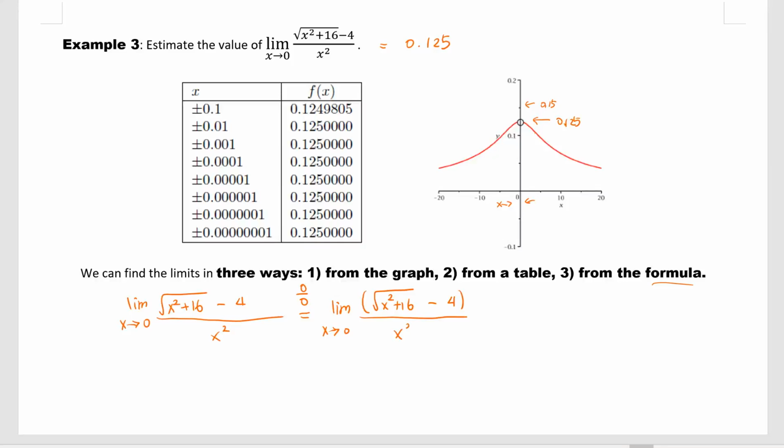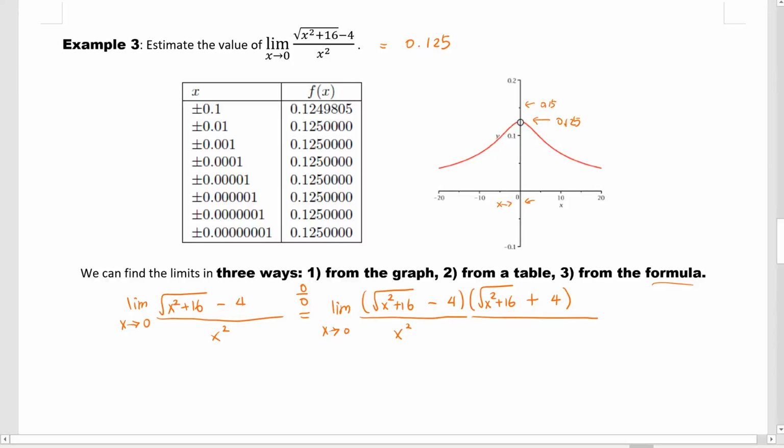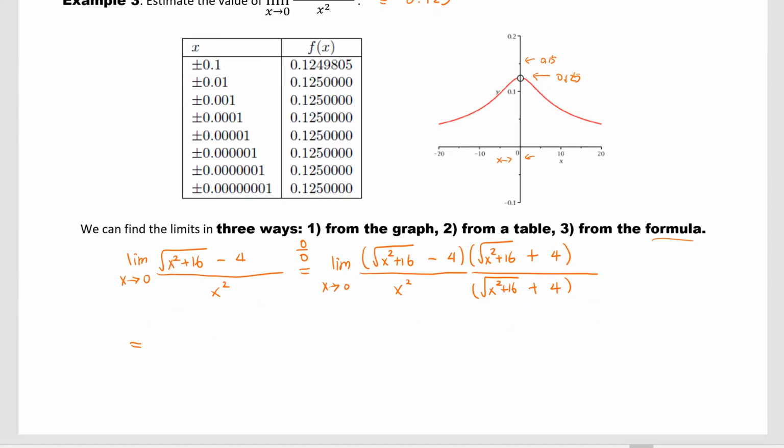So what is the conjugate? Well, the conjugate is we have the same terms, but the middle sign, flip it. So if it's negative, then now you flip it to positive. So this is the conjugate. When you multiply by something, you also need to divide by that thing, so you're not changing the function, right? Now why do we want to multiply by the conjugate?